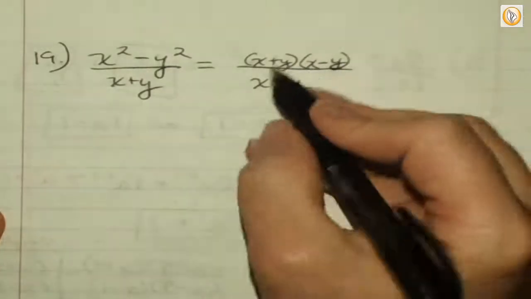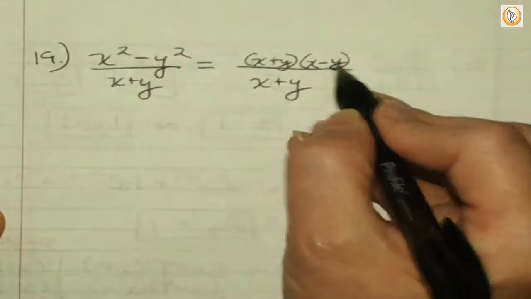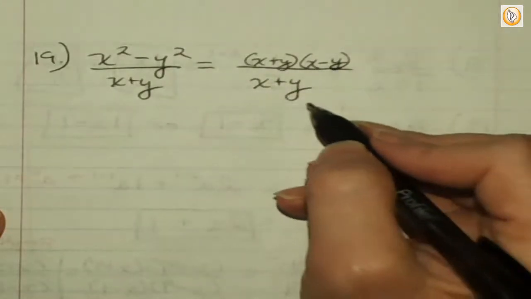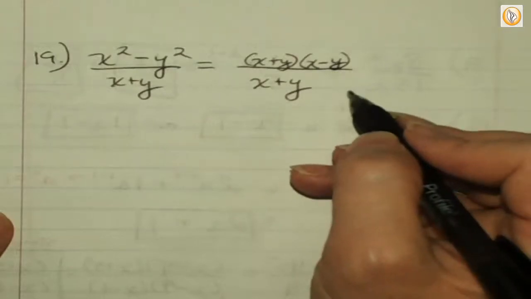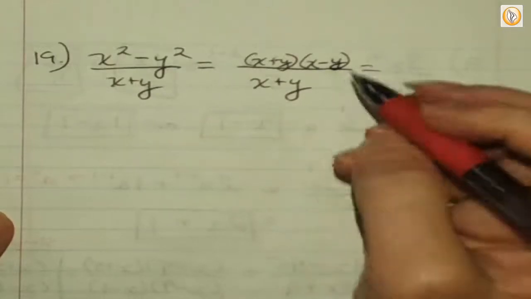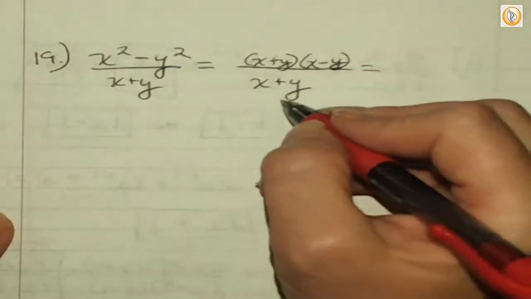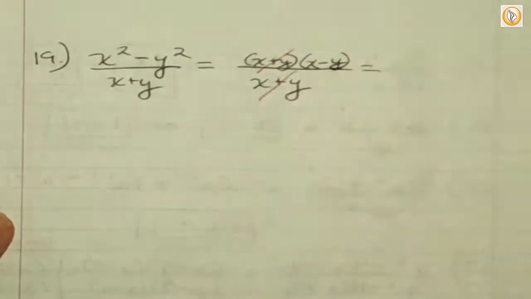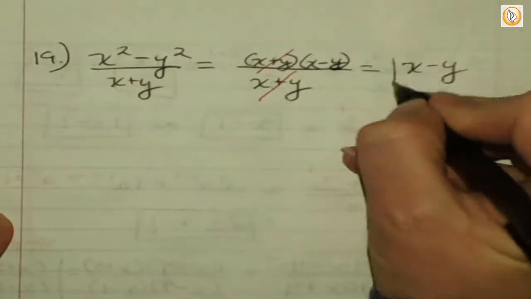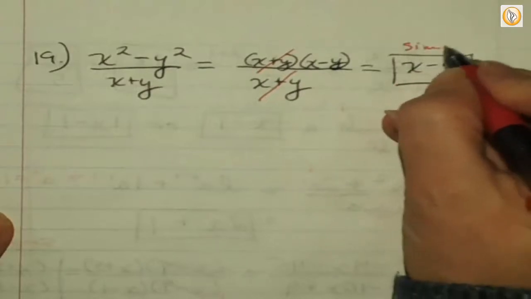That's x plus y times x minus y over x plus y. Do you all see that? Okay, so Franz, is there anything I can cancel out? The x plus y from the bottom and the top. There you go. So then x minus y will be one of your answers. That's right. X minus y is one of my answers, and it's now simplified.